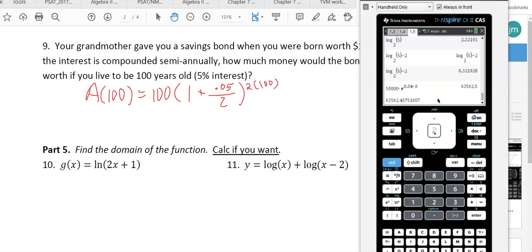Wow, it's a lot of years to compound here. Okay, so this is going to be 100 times 1 plus 0.05 divided by 2, to the power of 2 times 100.